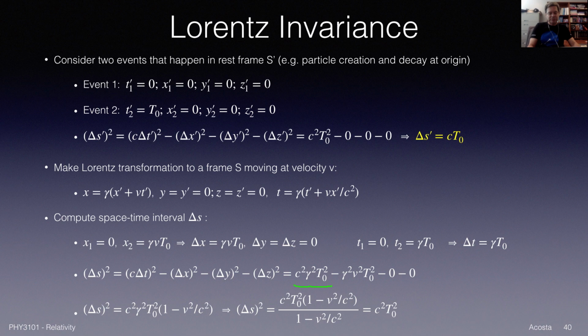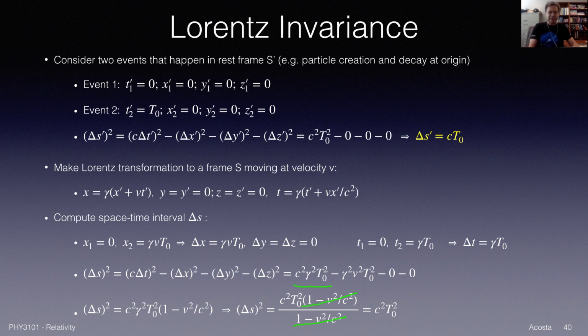Now what I can do is expand out the gamma squared here. Gamma squared is 1 over 1 minus v squared over c squared. So that is going to go here, 1 over 1 minus v squared over c squared. But I had a 1 minus v squared over c squared in the numerator. So what's going to happen is that the numerator is going to cancel with the denominator.